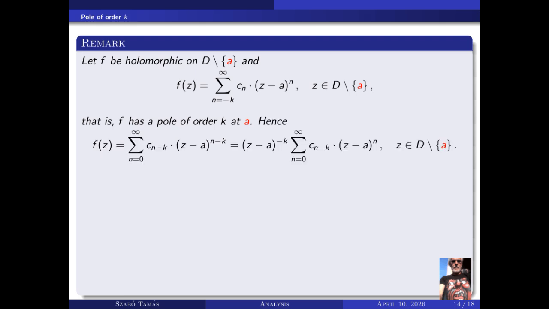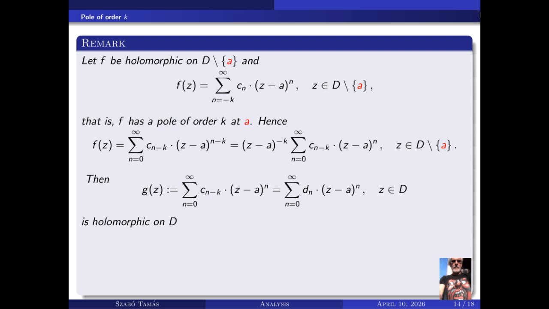Rewriting the series, we obtain f(z) = (z − a)^{−k} times the sum from n = 0 to infinity of c_{n−k} (z − a)^n. Define g(z) by that power series.